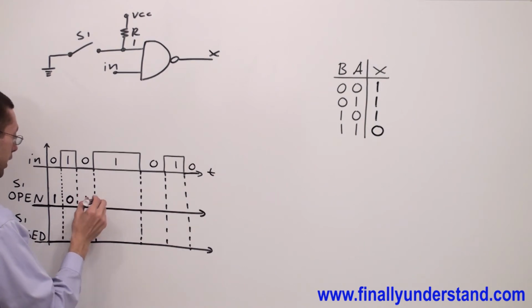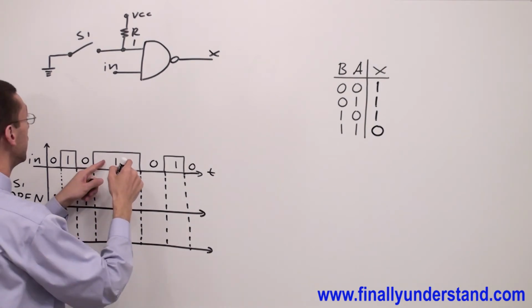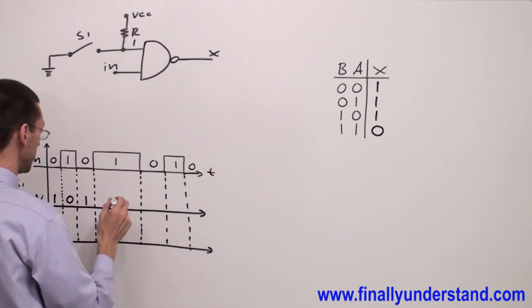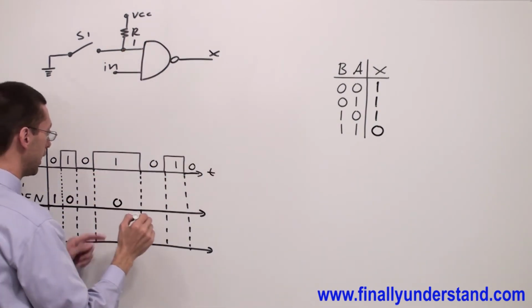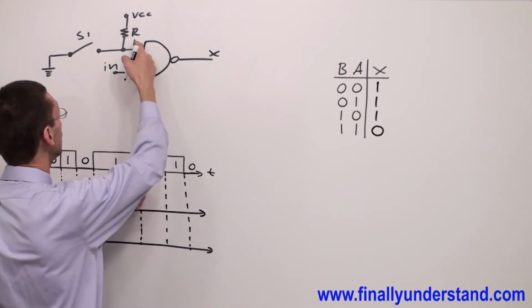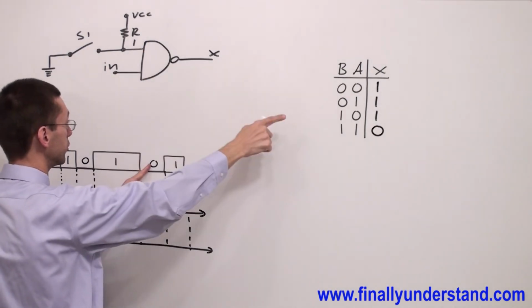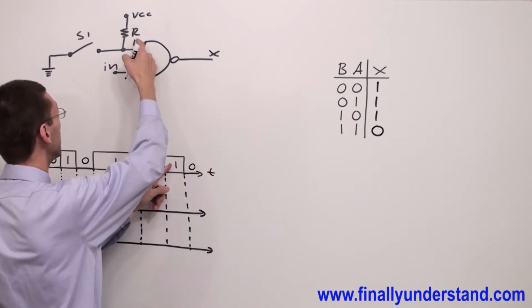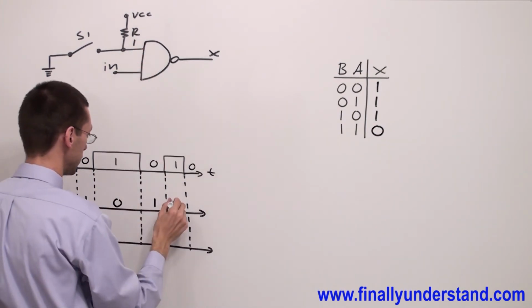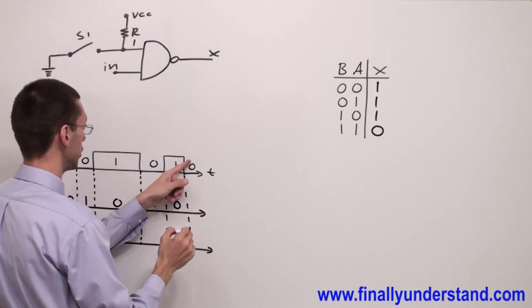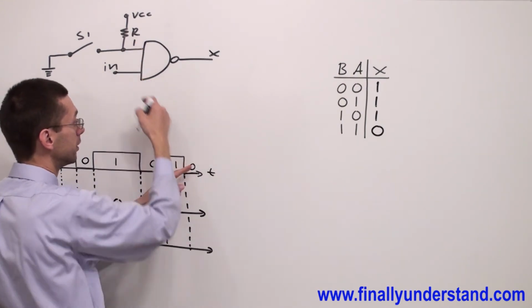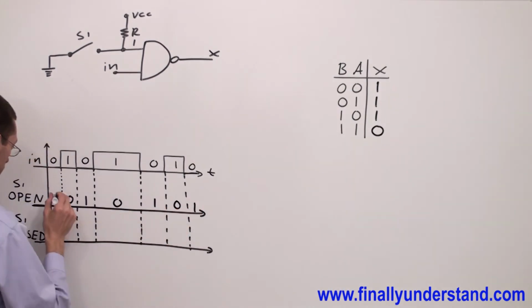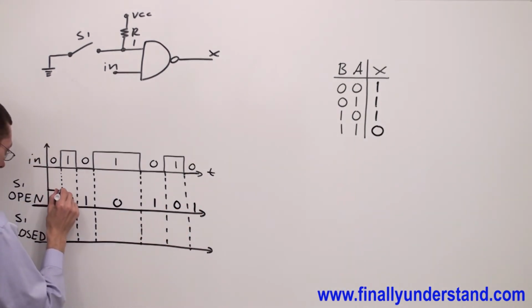Okay, and I have 1, 1, output is going to be 0. I have 0, 1 gives me 1, and I have 1, 1 gives me 0. 0, 1 gives me 1. Okay, so now we can draw the waveform.